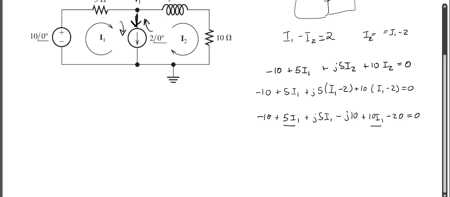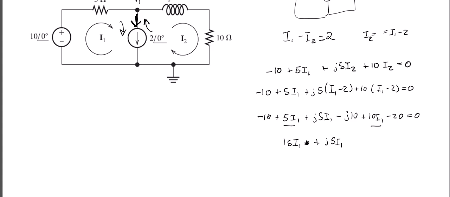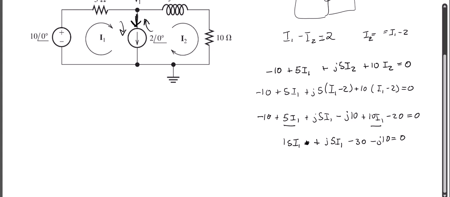So then I have 15I1 plus j5I1, yeah, I only have one, minus 30 minus j10 equals 0. So 15I1 plus j5I1 equals 30 plus j10.